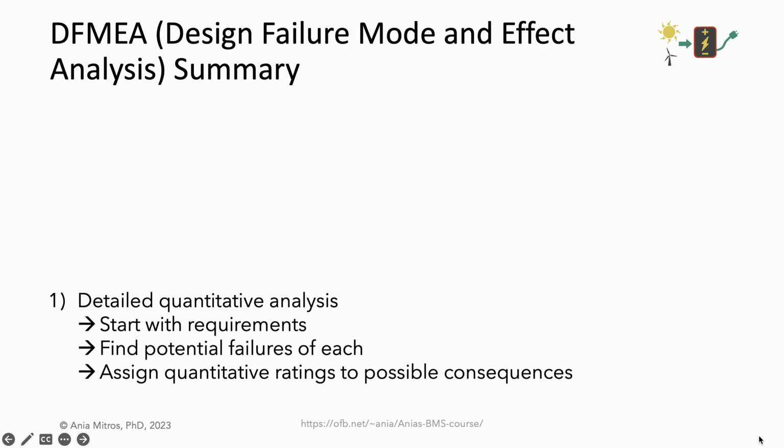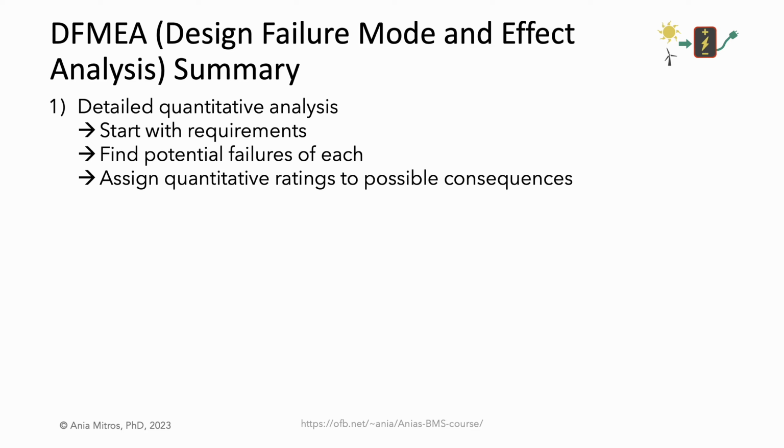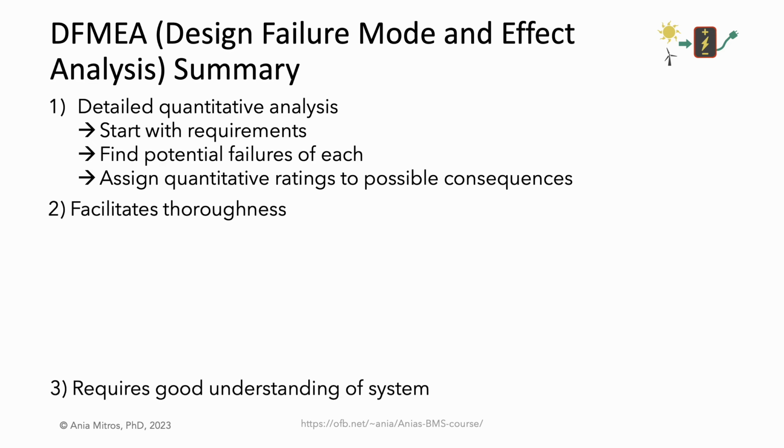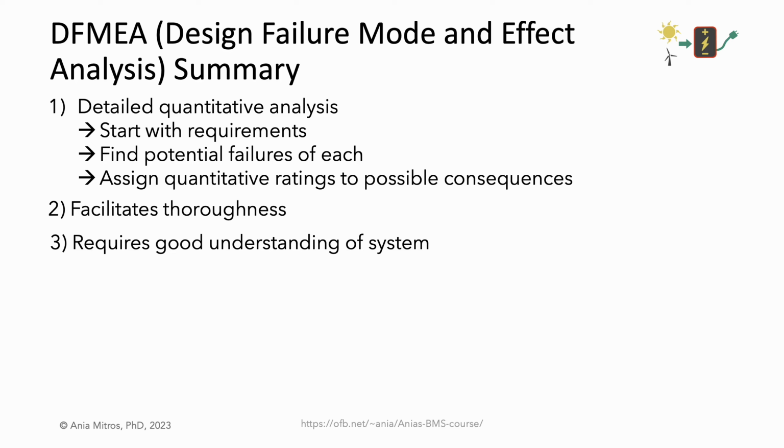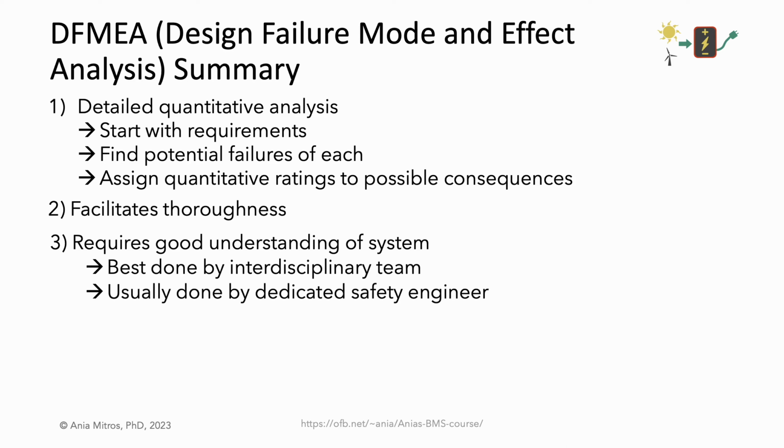To summarize what we've learned about DFMEA, it is a quantitative analysis starting with the system or component requirements. It forces thoroughness. A good FMEA requires a good understanding of the system, and thus would best be done by an interdisciplinary team. In practice, it is such a time-consuming effort that a dedicated safety engineer usually runs it, supported by occasional check-ins with the design engineers.